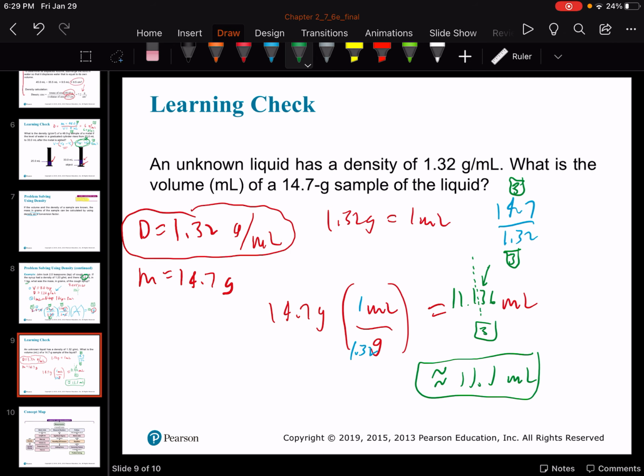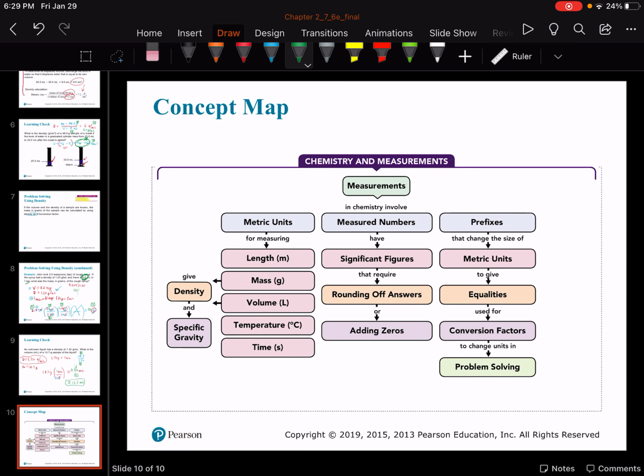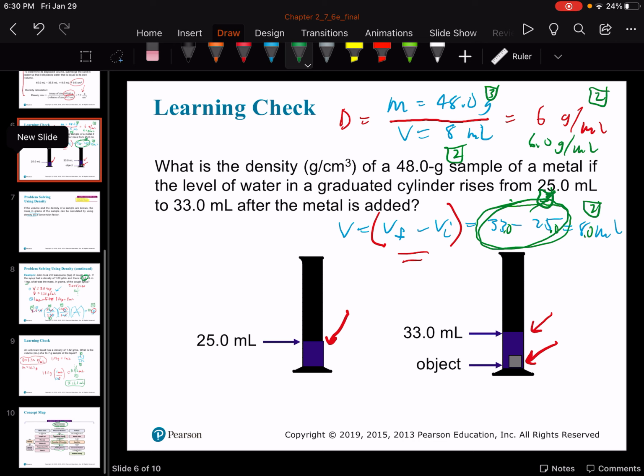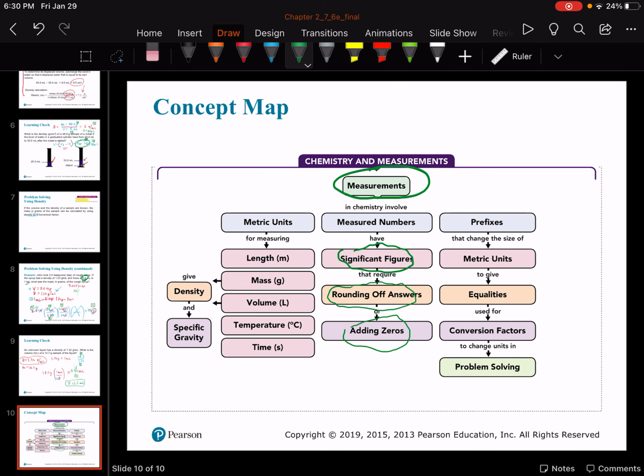All right, so in review of this chapter, let's just look at this concept map real quickly. We started out with measurements, and then we talked about measured numbers. Measured numbers have significant figures that oftentimes require rounding of numbers, and if using a calculator, they might include adding zeros. We talked about metric units.